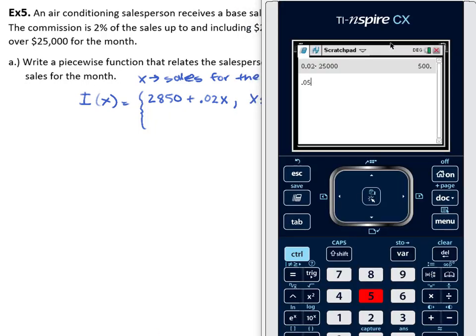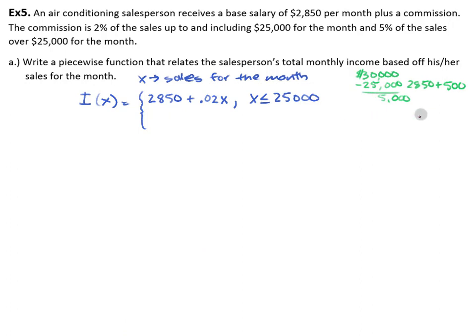So 0.05 times the $5,000 we went over would give me another $250. So we could add on 5% of the $5,000, and that gave us another $250.